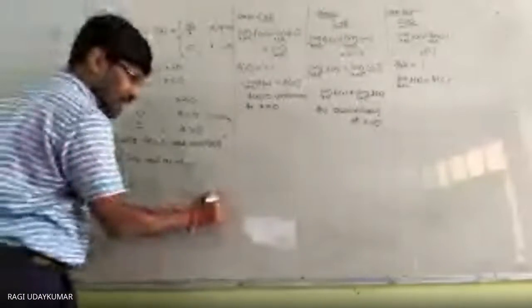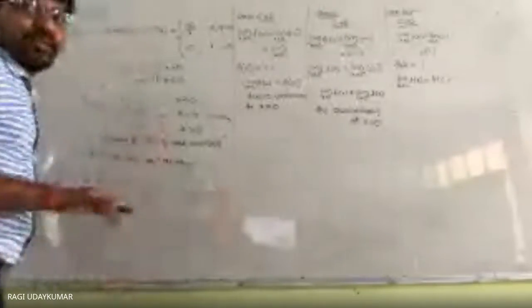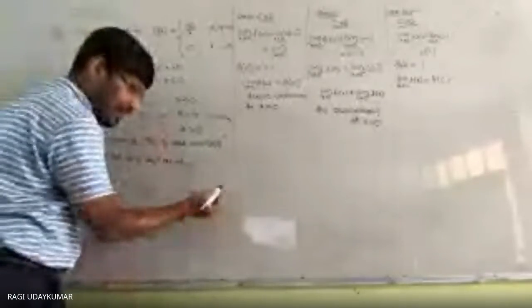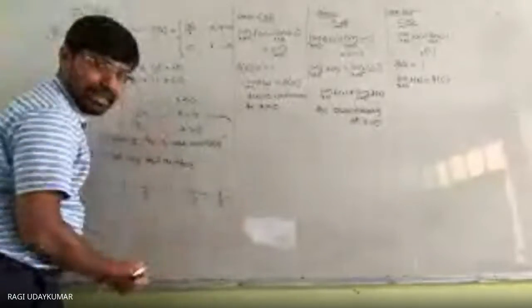If you take the c value as 5, why don't we take the left hand limit and right hand limit? C greater than 0, suppose as an example 5. Left hand limit means the left side of 5, near to 5.